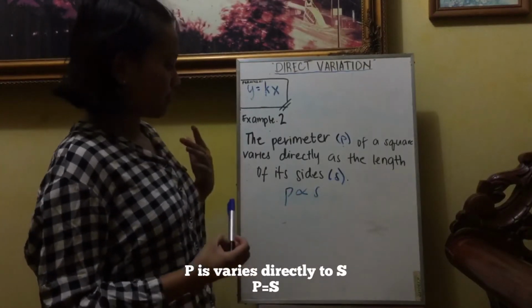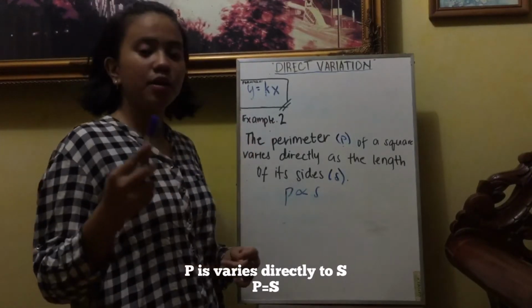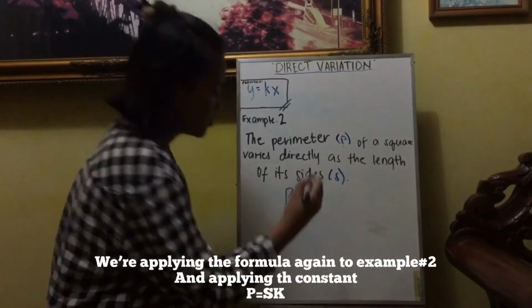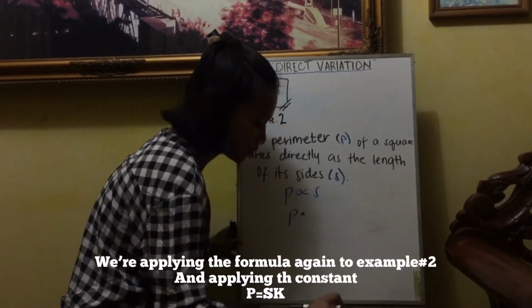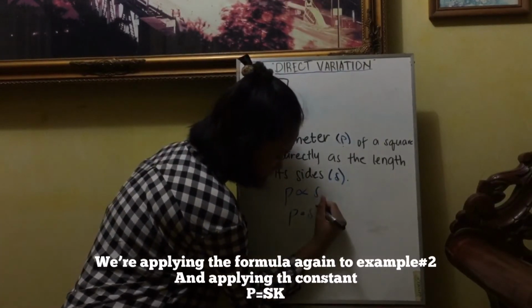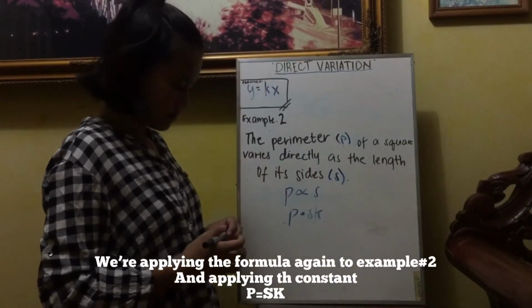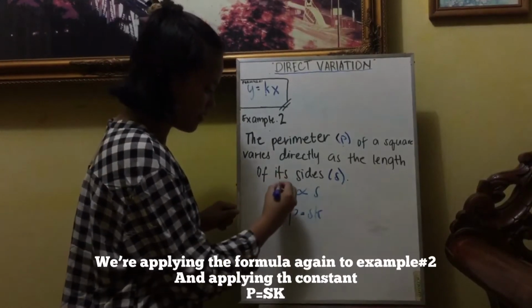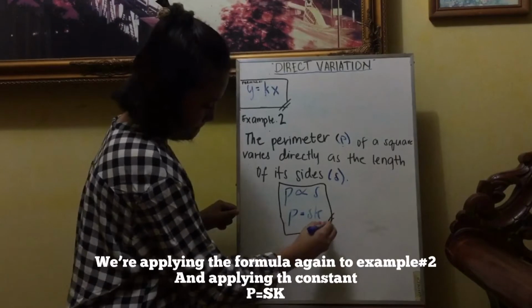And don't forget the formula, where we put the k again, the constant of variation. So P equals ks. So this is the answer.